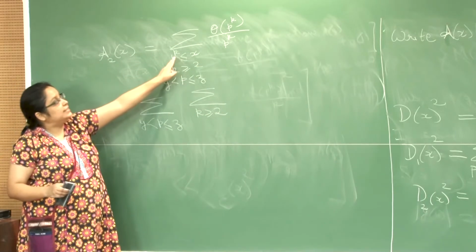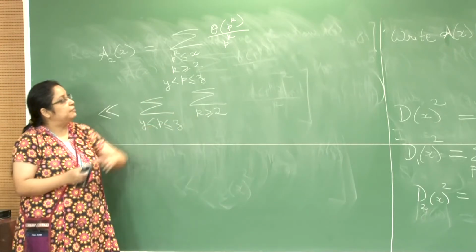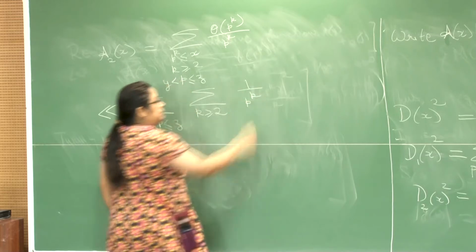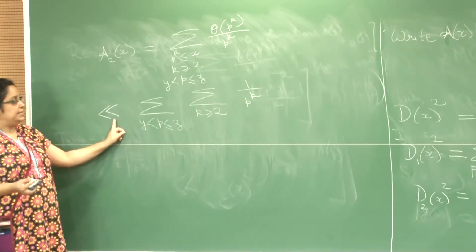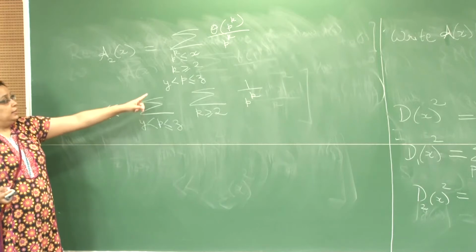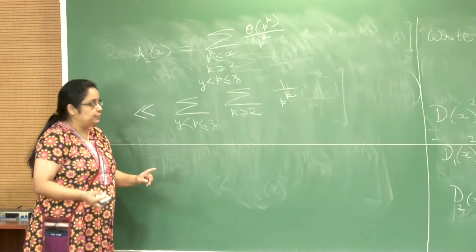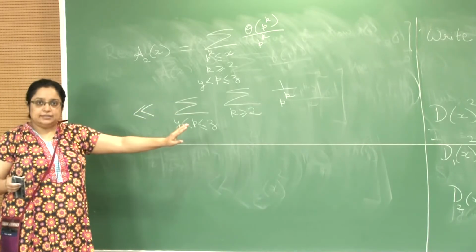Although this is a finite sum with p to the k up to x, this is certainly bounded above by the sum of 1 over p to the k, where the absolute constant is being taken out here. You already know this is a geometric sum starting from 1 over p square. So, this is of the form 1 over p into p minus 1.